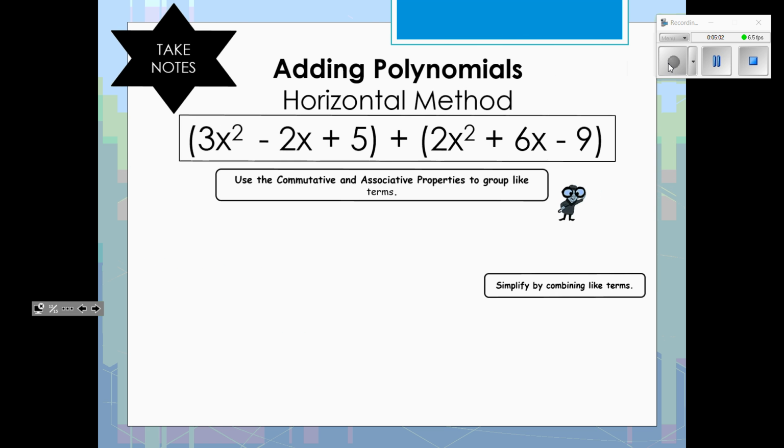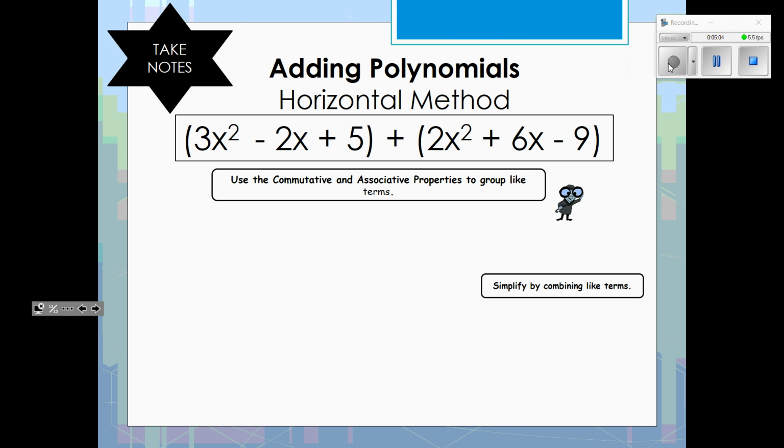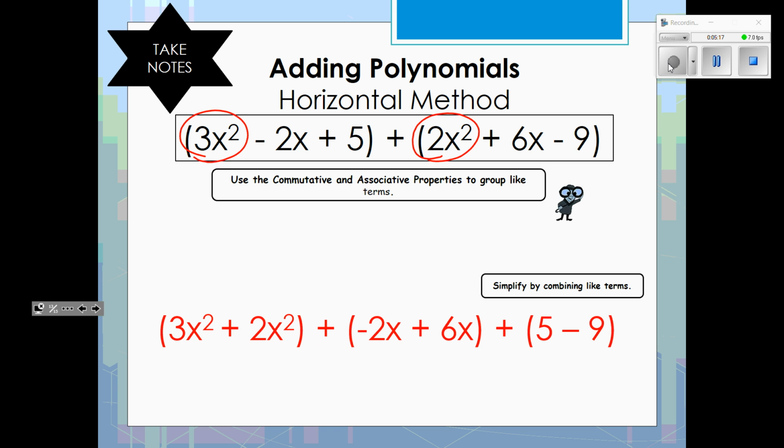Another way that you might organize is called the horizontal method. This is a step you might be doing mentally, but I'm going to show you what that mental step would look like by writing it out. First I see that I have two x squared terms. So I would write out that x squared term right here together. Mentally I'm saying, okay, I'm going to combine 3x squared plus 2x squared. That would be 5x squared.